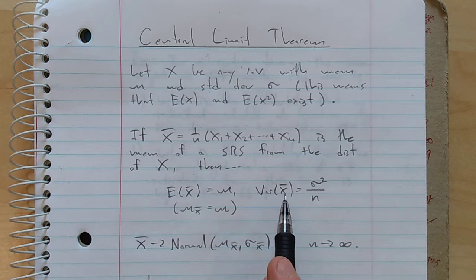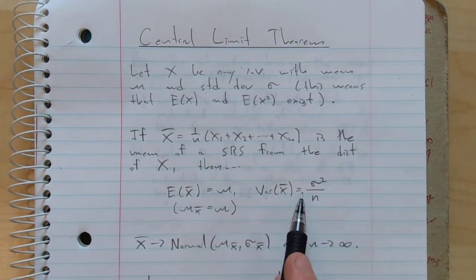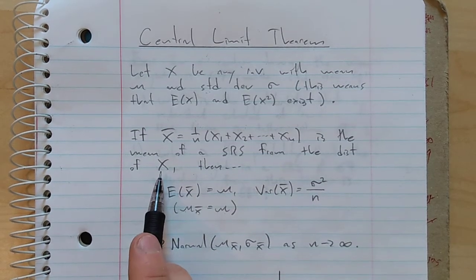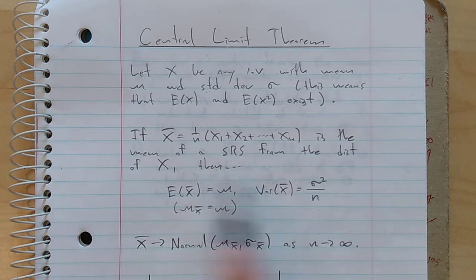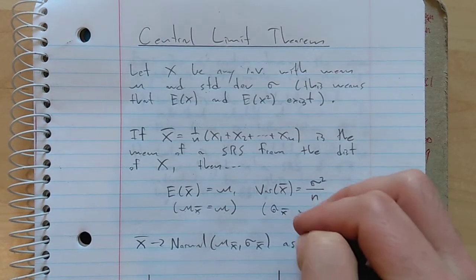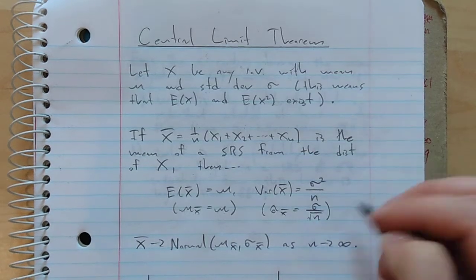Also, the variance of this guy, X bar, the variance of the average of a sample, is equal to the variance in the population, the variance in X, the distribution I'm drawing from, divided by n, the number of sample values. And that's also written sigma X bar equals sigma over root n.